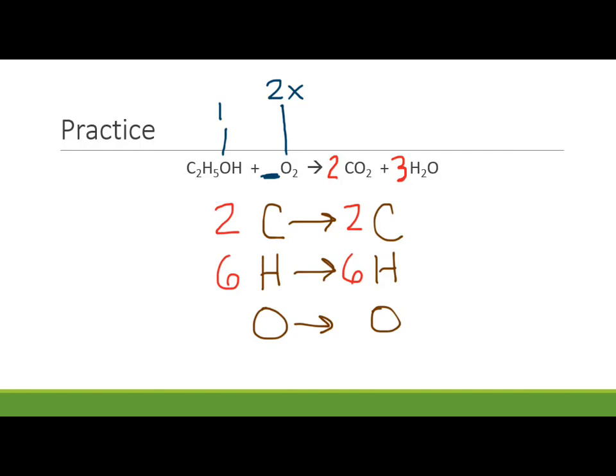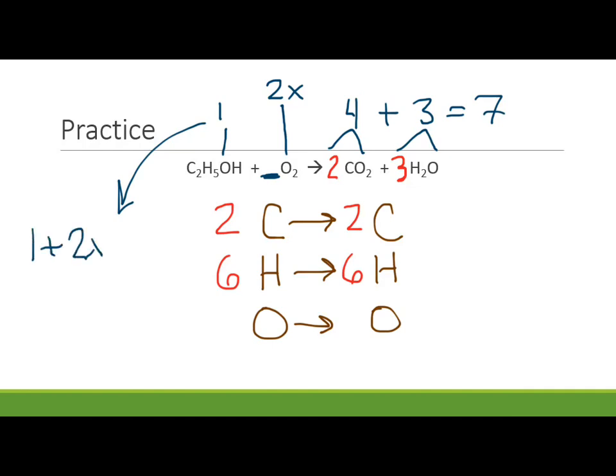Okay, over here we have 2 times 2 gives me 4. And here 3 times 1 gives me 3. So on the right hand side I have a grand total of 7. Okay, so it looks like on the left hand side we have a 1 plus 2x, and we need it to add up to 7 in order to have 7 oxygens on either side of the arrow.